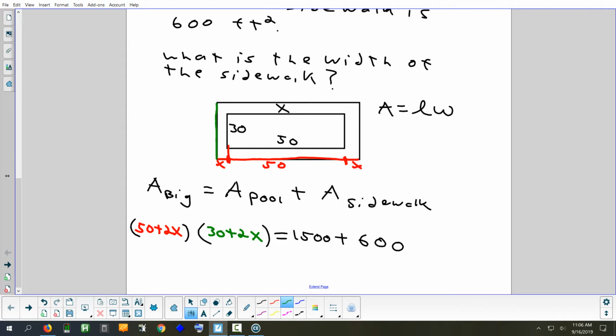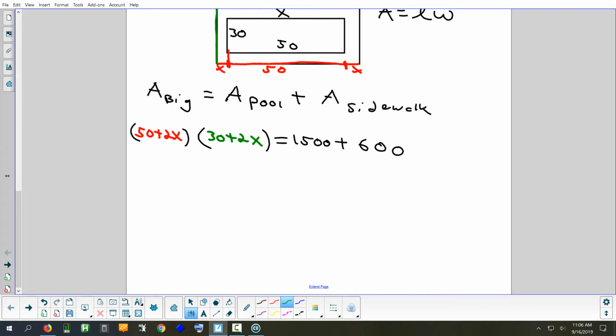Now we've got an equation set up. We just got to distribute some things out and simplify, and then we can solve for x. But first, any question on just setting up the equation? All right. How about Chris on the right-hand side? When I do that out, what do I get?